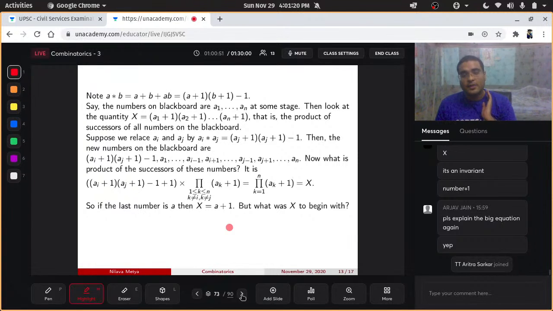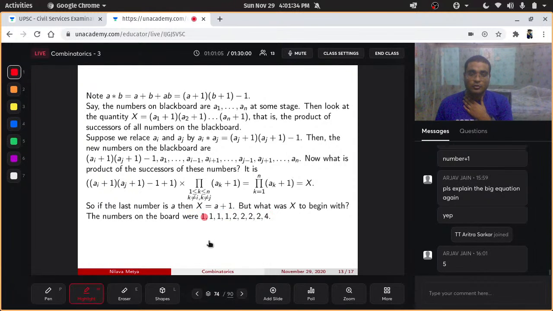What was X in the beginning? Let me remind you the numbers in the beginning. What is X for these numbers? It is 1 plus 1 to the power 4, because 4 of them are here, then 2 plus 1 to the power 4, and then 4 plus 1.